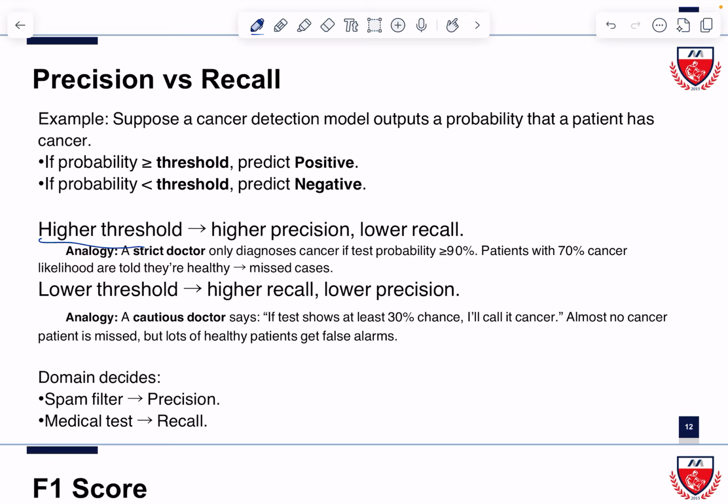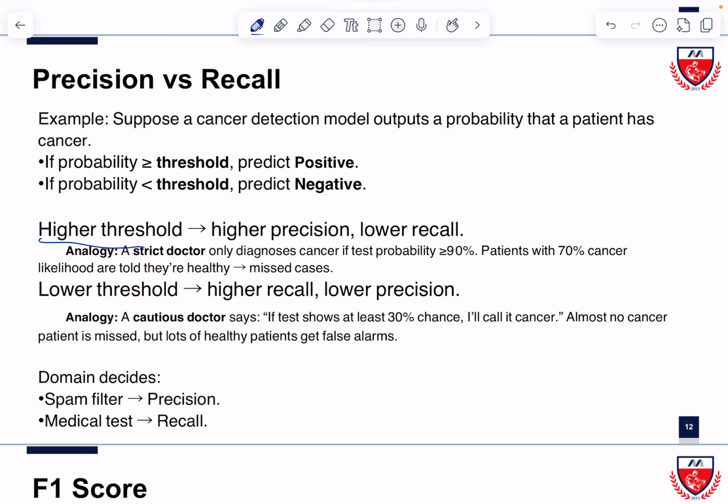No? Pag naman kasi ilo-lower ng doctor yung threshold, say, if test shows at least 30% chance, I call it cancer. However, yung problem naman dito is that, although no cancer patient is missed, lots of healthy patients get false alarms. So in applications, ano ba yung point ko dito?